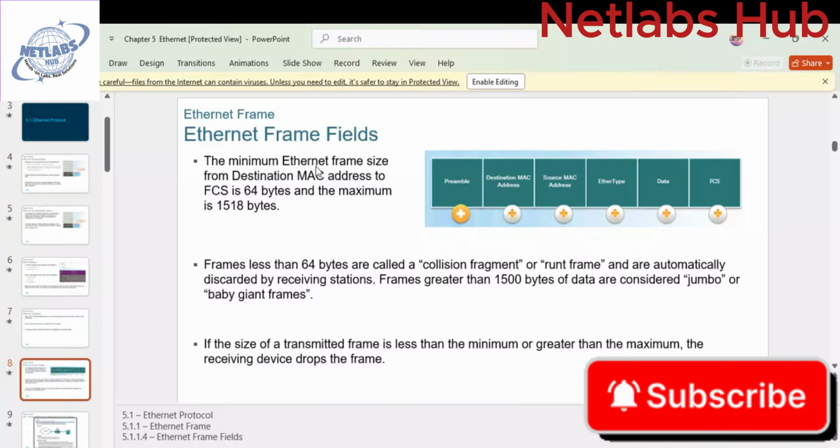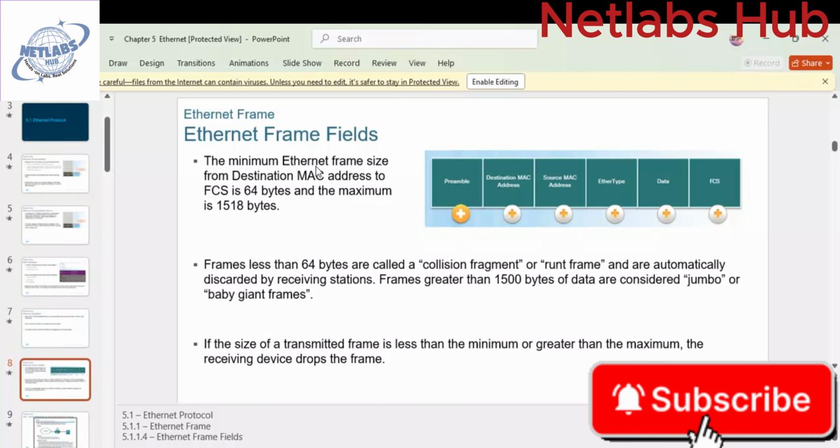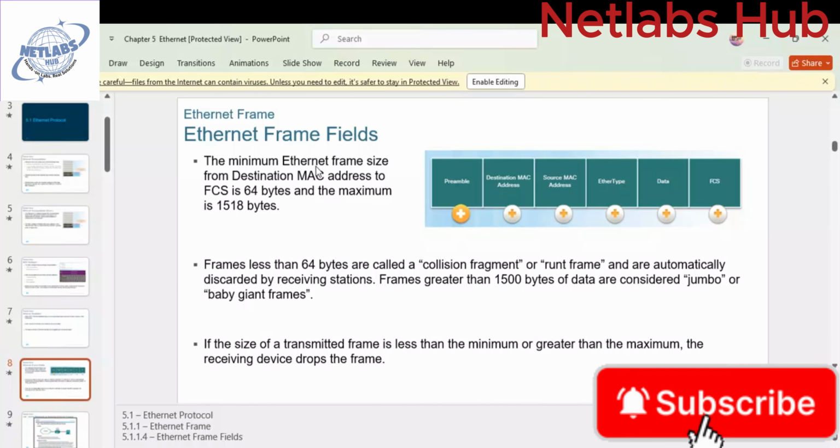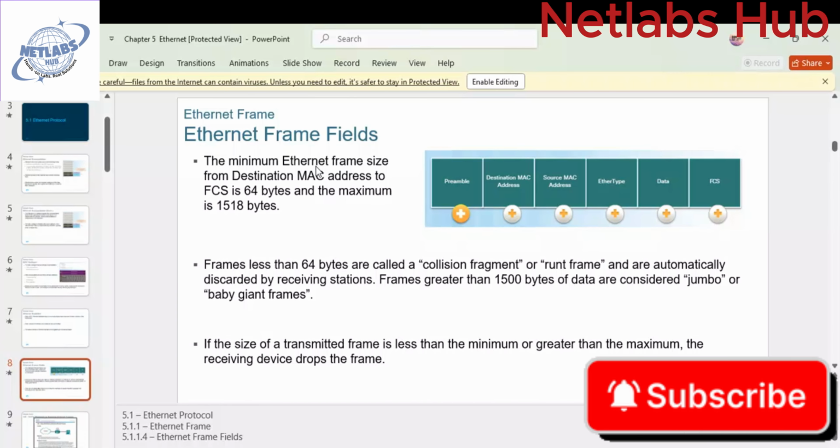Below 64 bytes is what we call runts, smaller frames that cannot be transmitted, and a frame above the maximum we call a giant. Those are the things you check on a switch when you are experiencing network downtime or network intermittence.